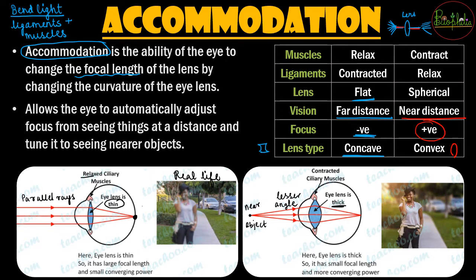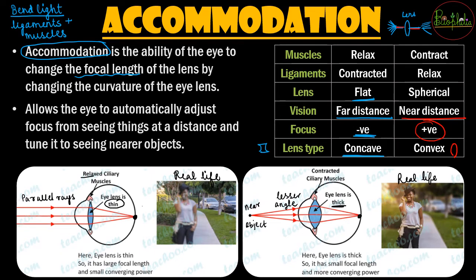So in that case, what will happen? The ciliary muscles will get relaxed and the muscles will get contracted, and because of that, once the rays are projected onto the retina, you will see the nearby object. So here in the real life photo, what can you see?